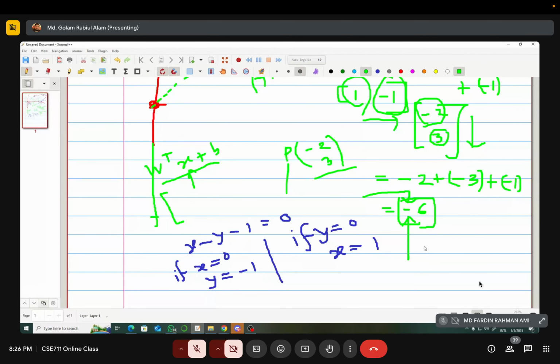It means the data point will reside in the negative class. So the point P is a data point of the negative class. So that's true. Our hyperplane classified the new data point successfully.